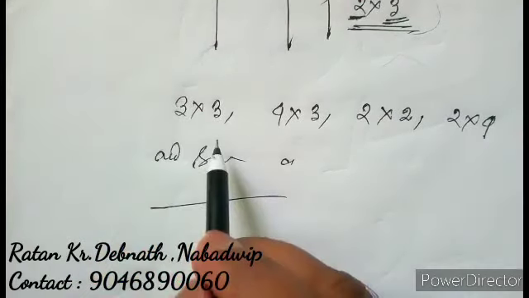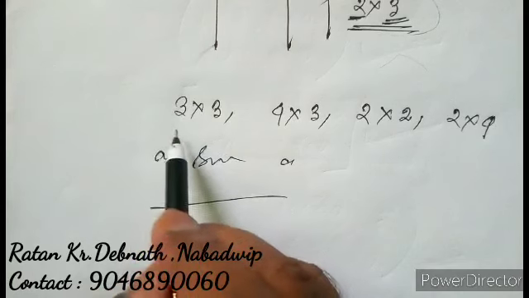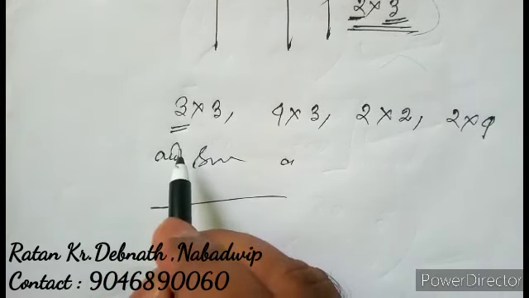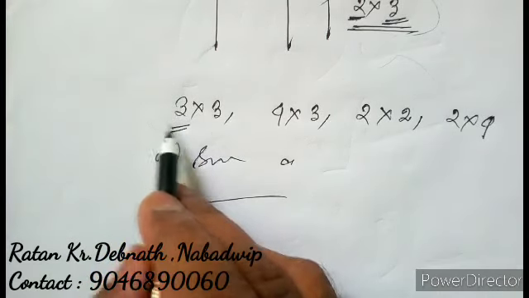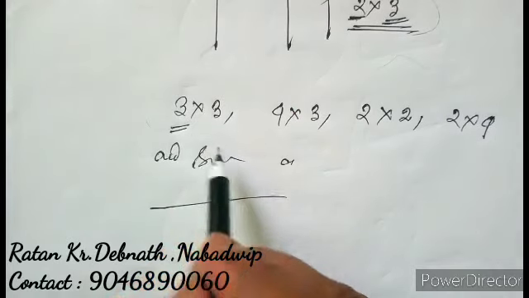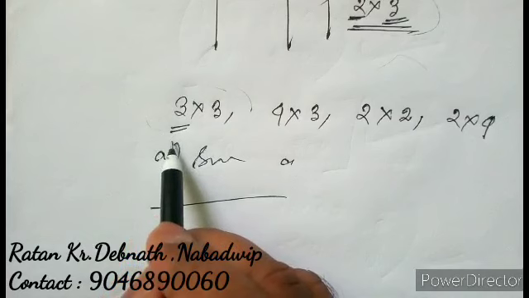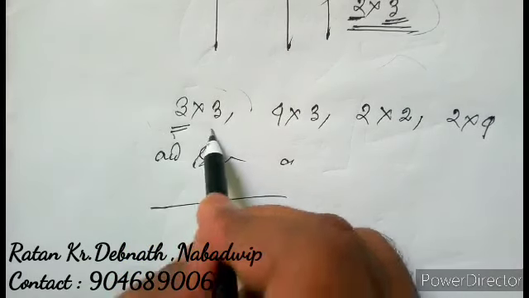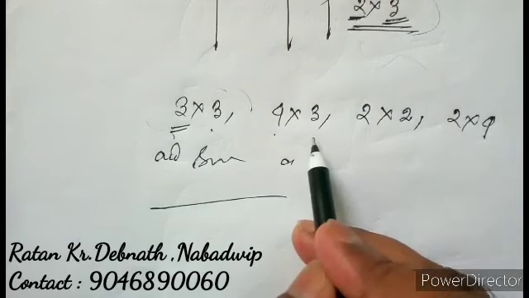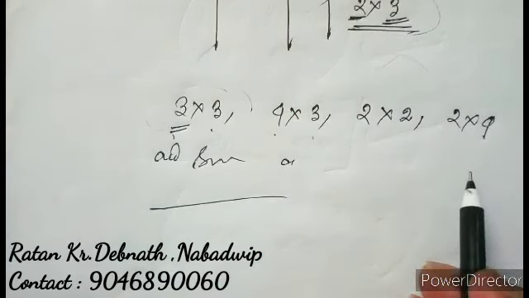But in all cases, you have to understand the first number indicates the number of rows and the second number indicates the number of columns. So 3 cross 3 means the number of rows is 3 and the number of columns is also 3. In a 4 cross 3 matrix, the number of rows is 4 and the number of columns is 3, and so on.